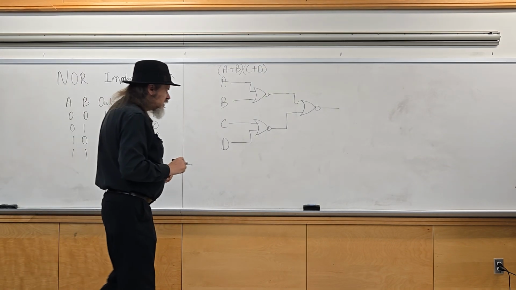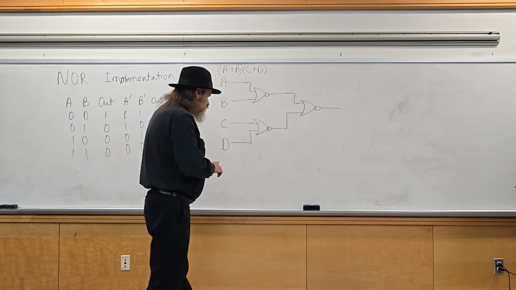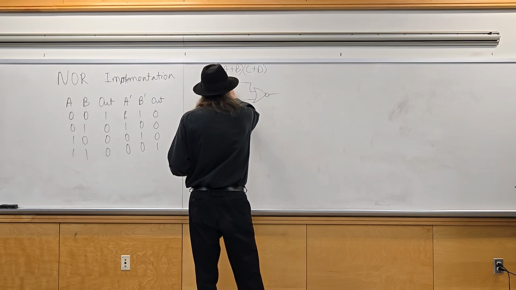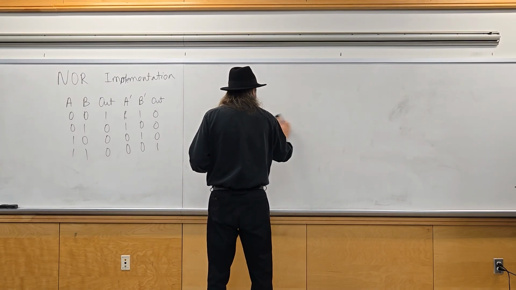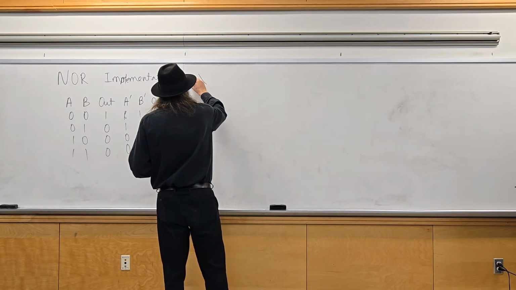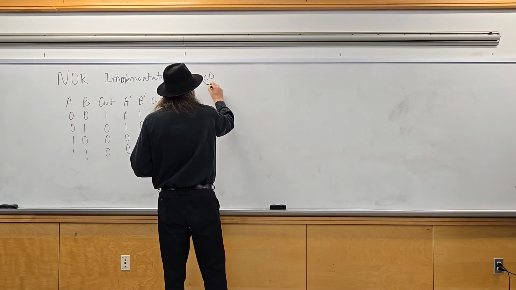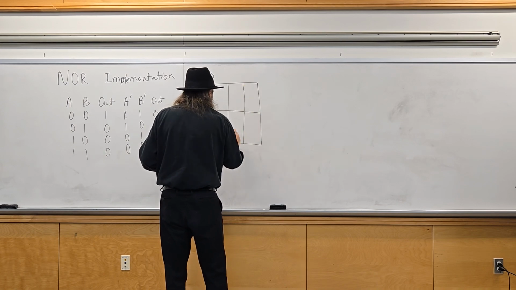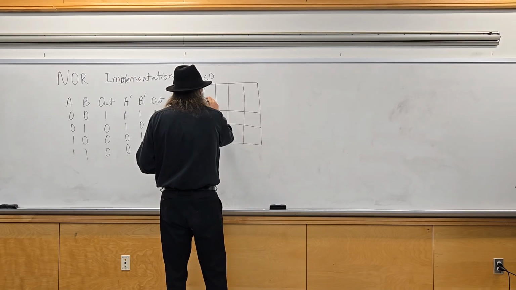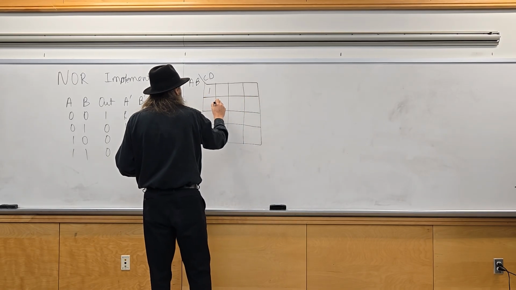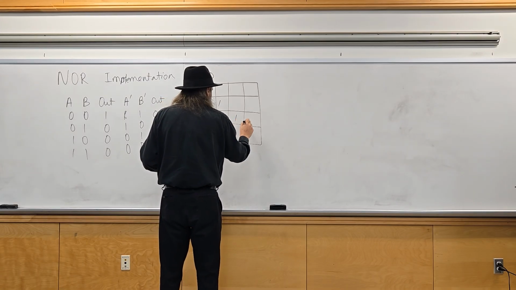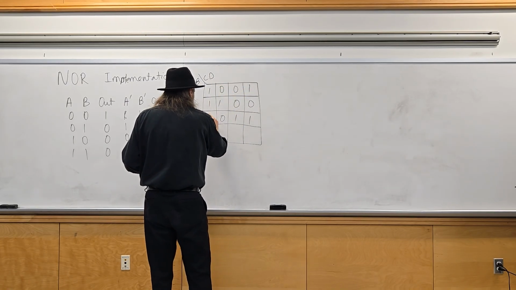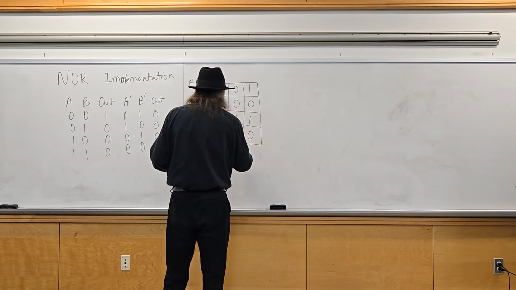So let's look at a K-map reduction. Let's say A, B, C, D. One, 0, 1, 1, 0, 0, 0, 0, 1, 0, 0, 0, 0, 1.